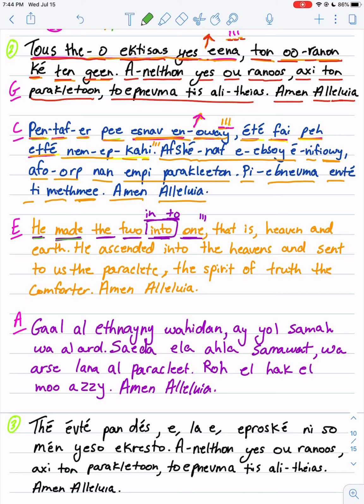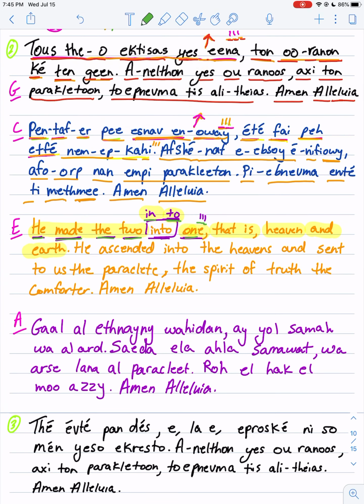He made the 2 into 1. One more time and we'll move on. He made the 2 into 1. That is heaven and earth.